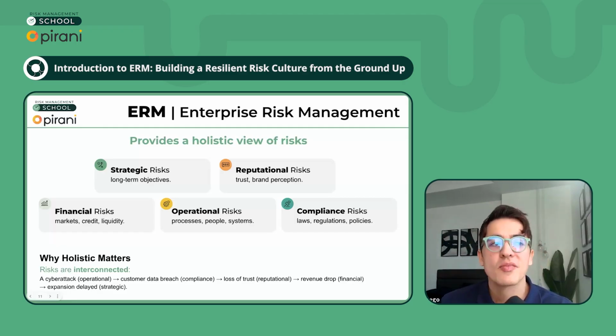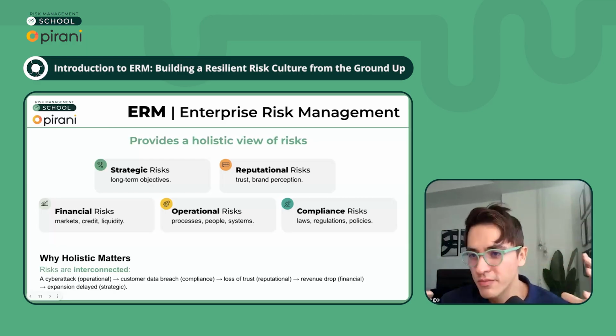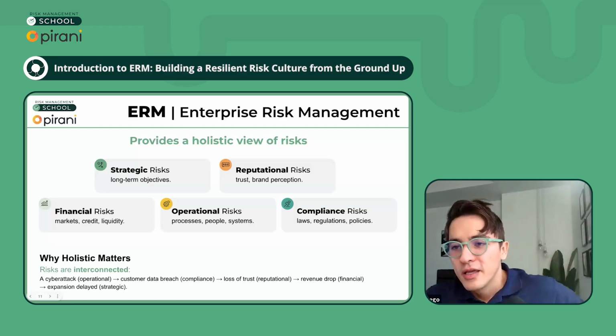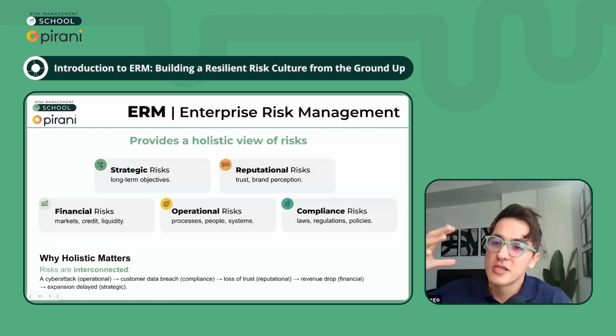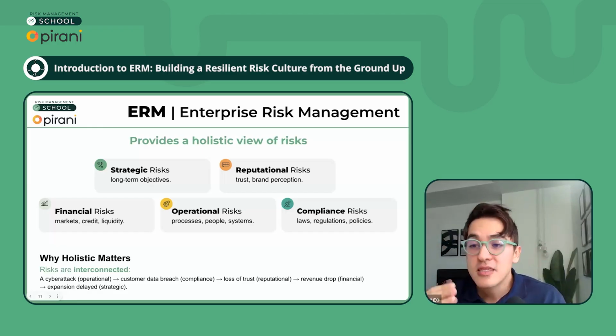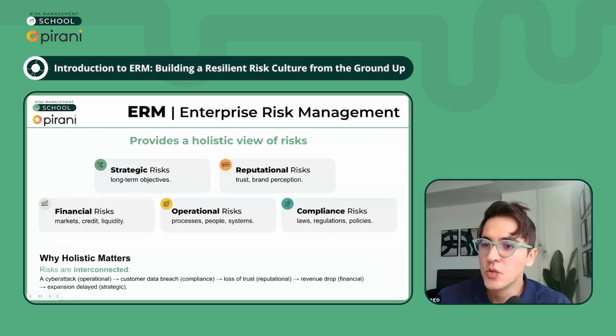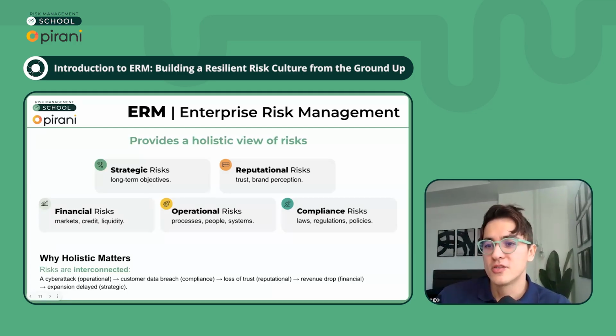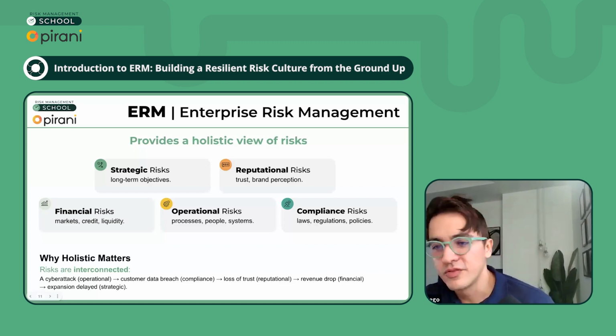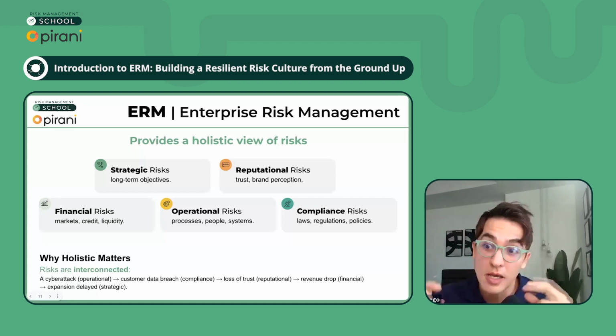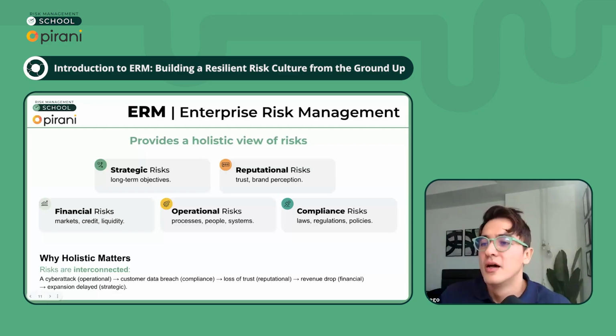But at the end of the day, ERM should be connecting all those risks that the company is managing in a single objective, in a single goal. Because all those risks, even if you're working with different teams, are connected with the strategy of the company. For example, if a cyber attack occurs, that is an operational risk or information security risk, whatever category or team is dealing with it.